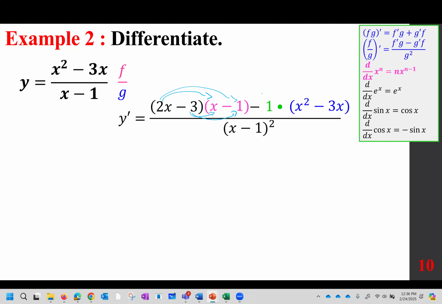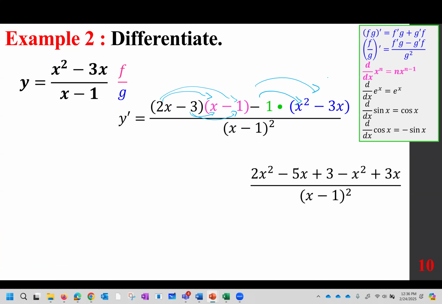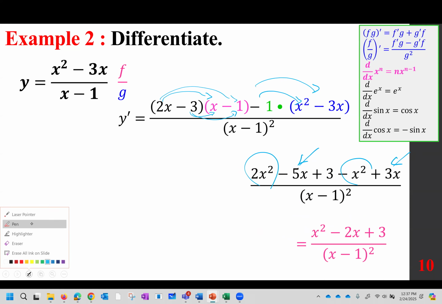This is plus 3 minus x squared plus 3x. And now these two add up to x squared. These two add up to negative 2x. And we are done.